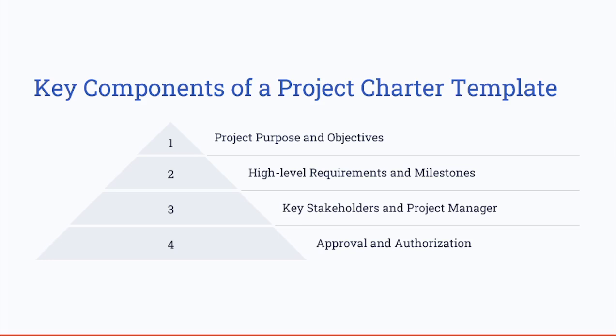Finally, you might need the approval and authorization on your project charter. So a comprehensive project charter template includes sections for the project purpose, objectives, requirements, and milestones. Additionally, it identifies the stakeholders, assigns the project manager who will lead the project, and provides the authorization for the project initiation.